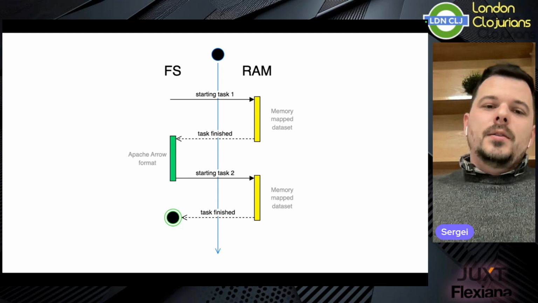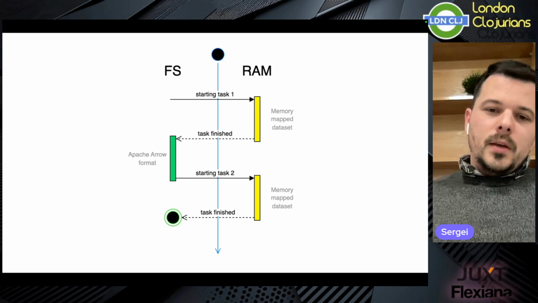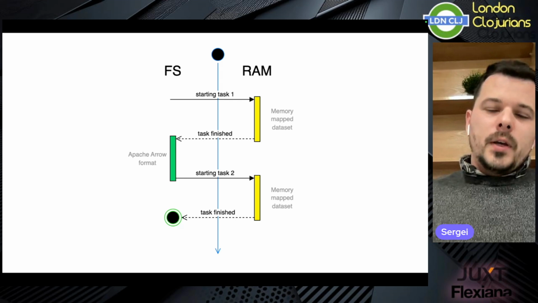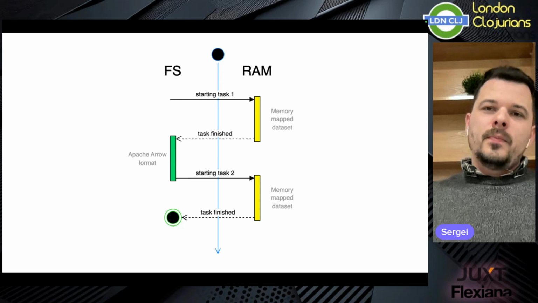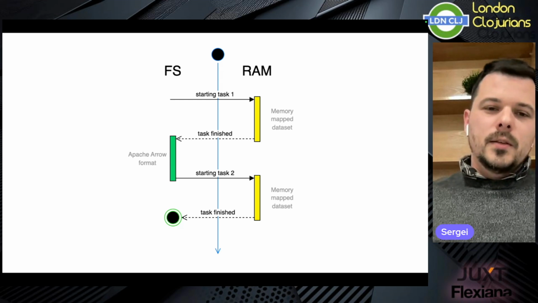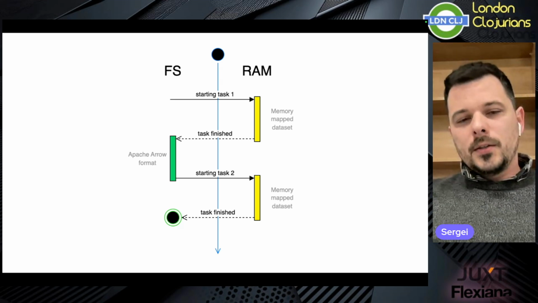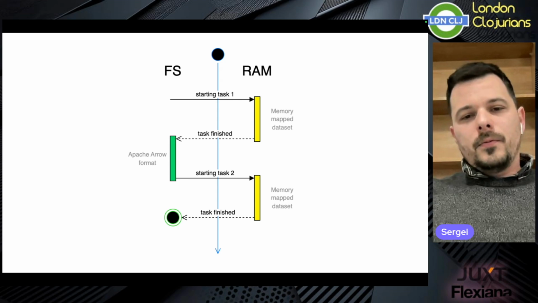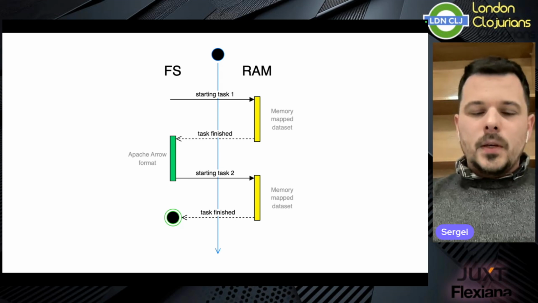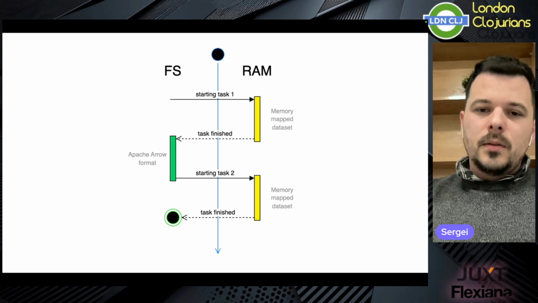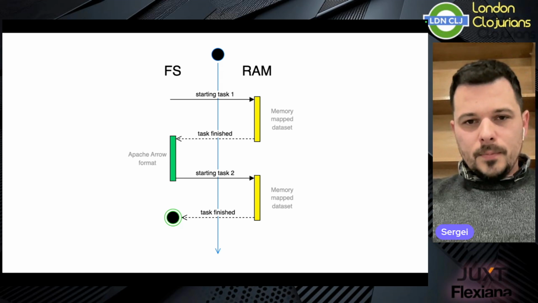But when another task requires that data as input, this Apache Arrow file will be memory mapped, and there will be a small overhead in the heap to bring in some indexes, but not the actual data itself. So there will be some data structure representing the indexes and the offsets in that file, and this will be added to memory. Then, when the task is executed, it will be cleaned up, so you don't have to keep it in memory all the time.